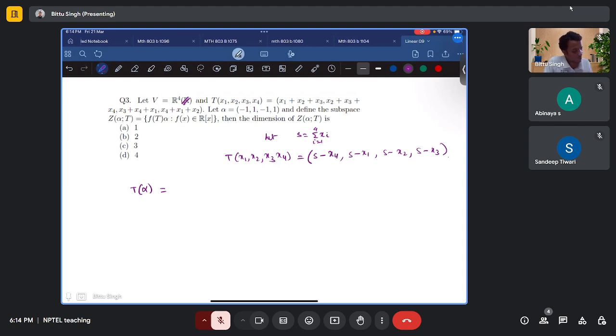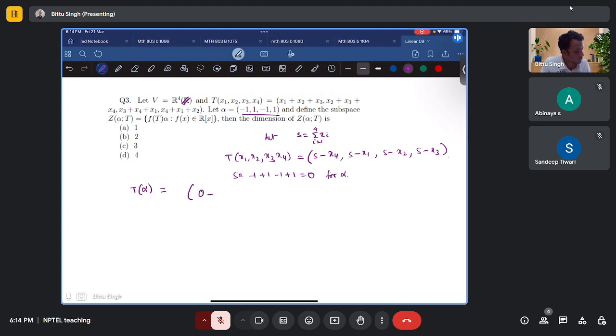Now, if we put the value for this, there should be s of x, which should be denoted by some s(x). Okay. So for alpha, the sum is actually 0, right? So for alpha, T of alpha is, because minus 1 plus 1 minus 1 plus 1, this sum is 0 for alpha, right?